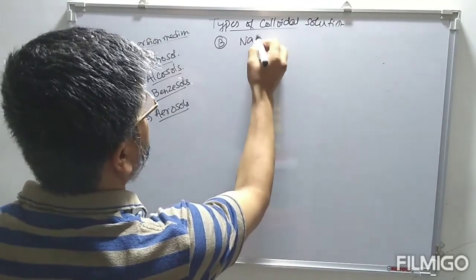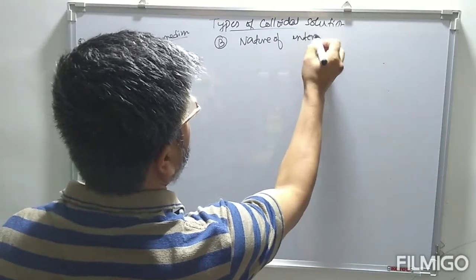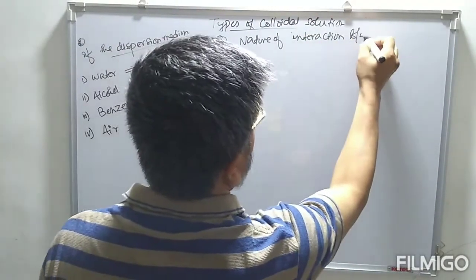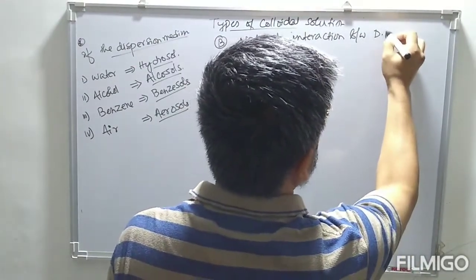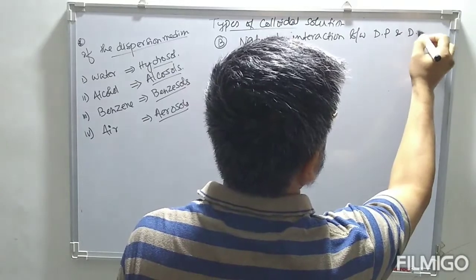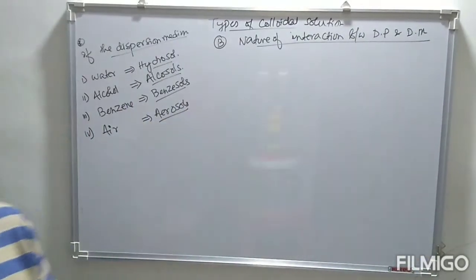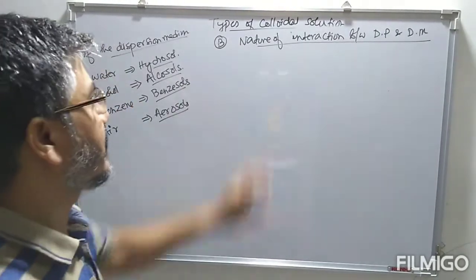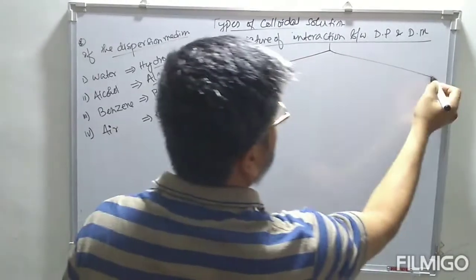Based on the nature of interaction between the dispersed phase and the dispersion medium, we can classify colloidal solutions into 2 types.